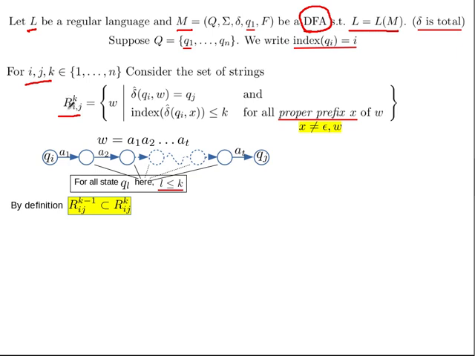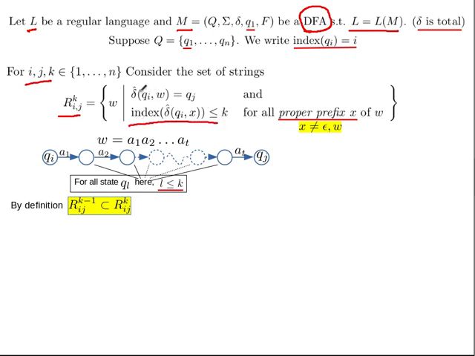we define this set R sub ij super k. This is the set of strings which correspond to a path from qi to qj with this additional constraint.